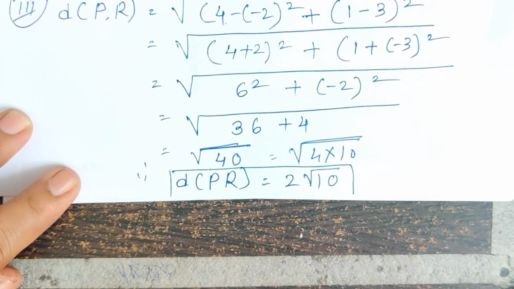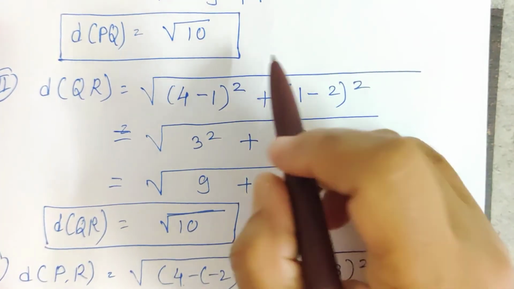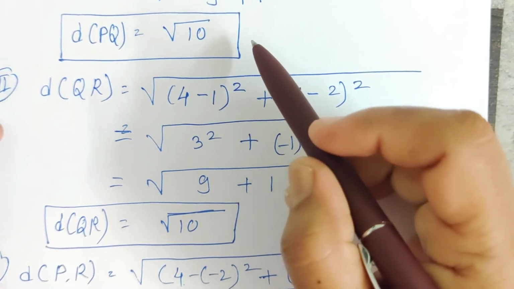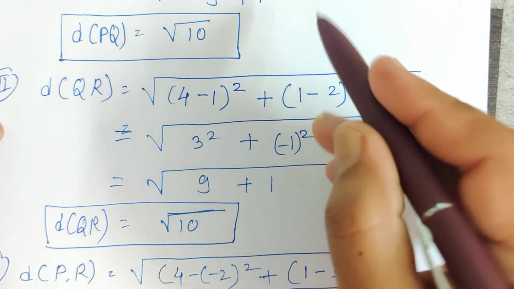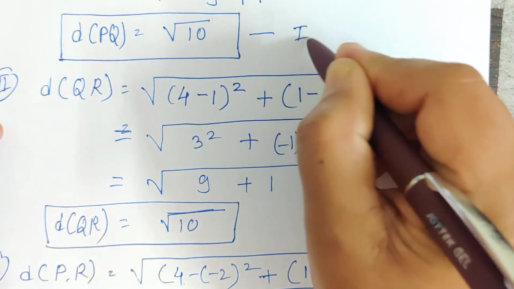And now we will see the fourth part, that is the final part of this example, the conclusion of this example. So see, when we solve this example, first we find out the distance of PQ and it is root 10. Suppose it is sentence number 1.